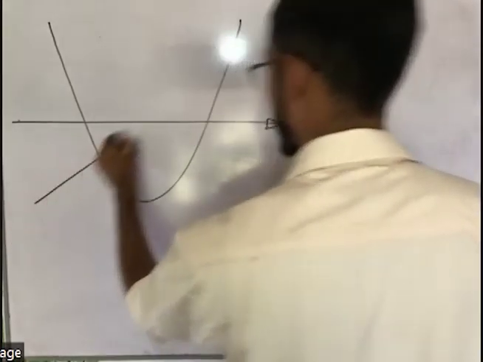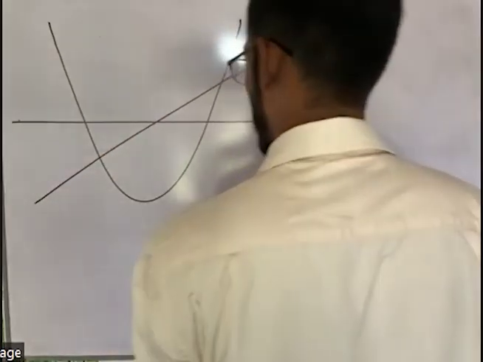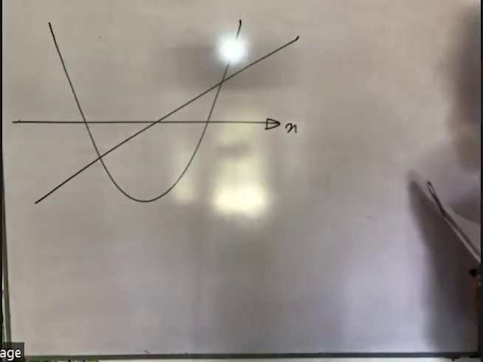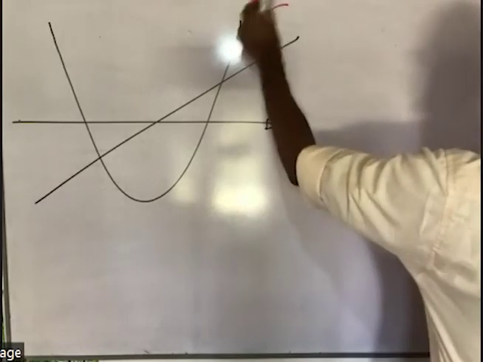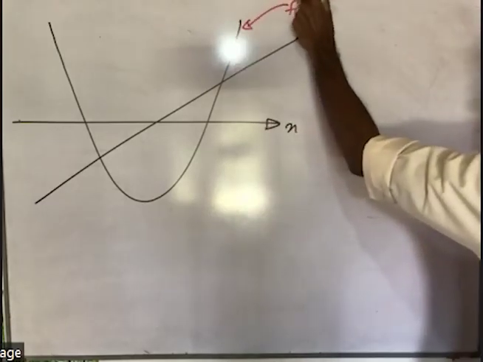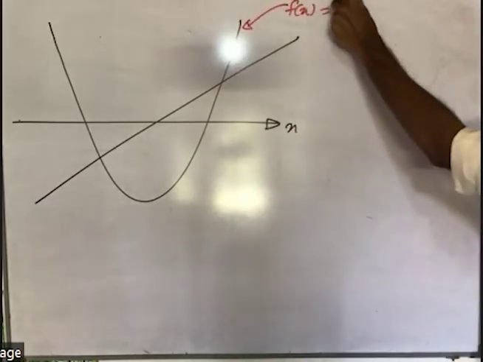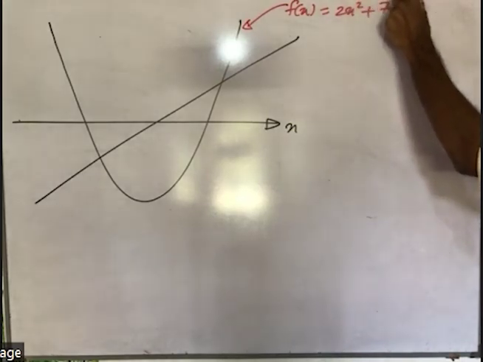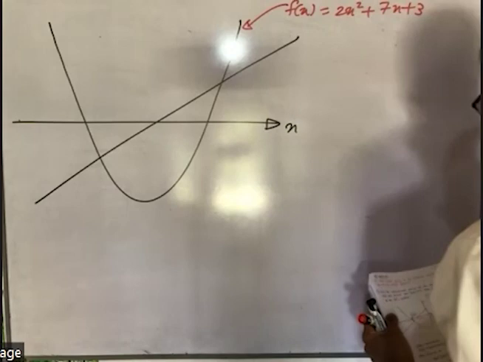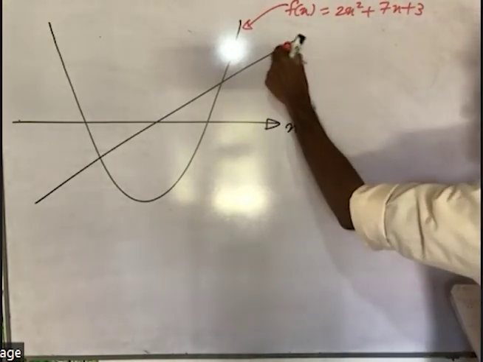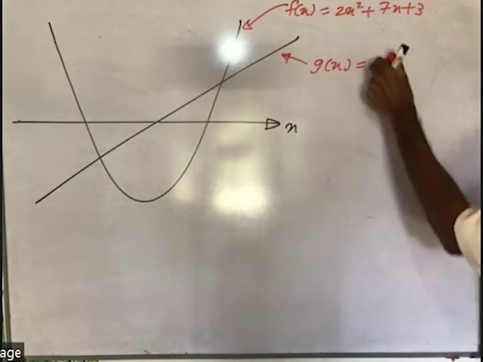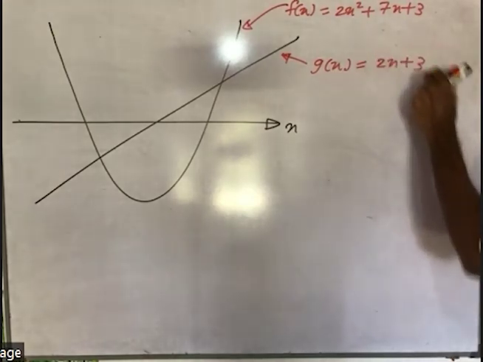This is the straight line. So now look at this. This is the function f(x) equal to 2x square plus 7x plus 3. Now this is the straight line g(x) equal to 2x plus 3.